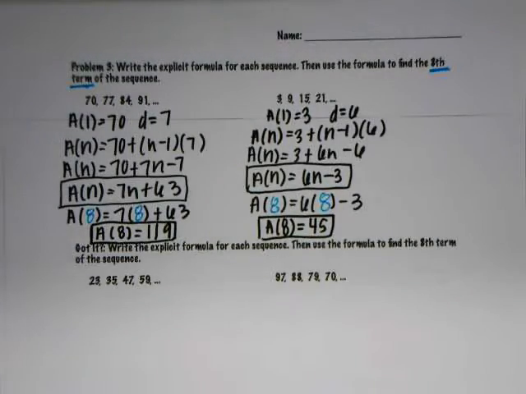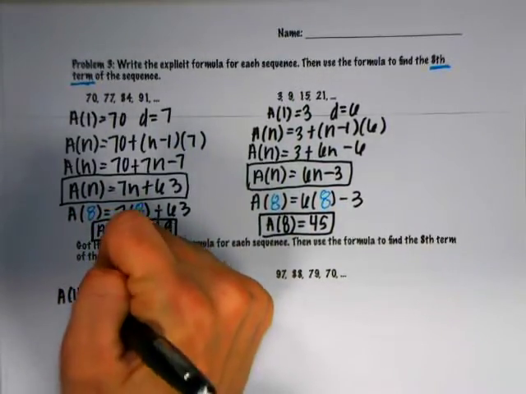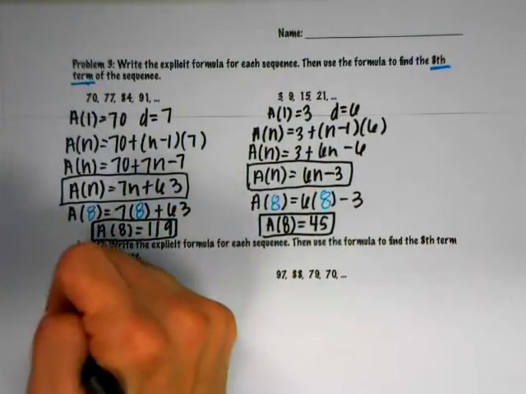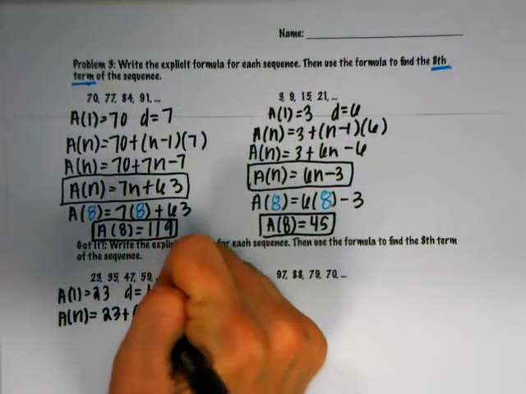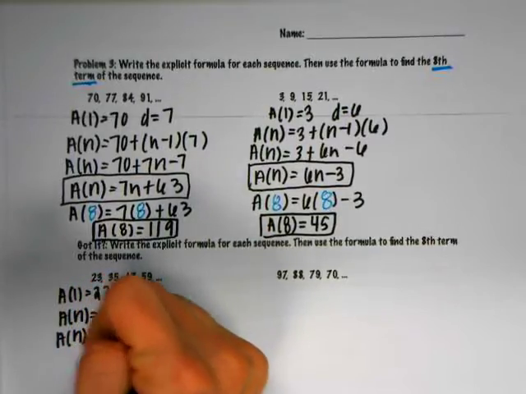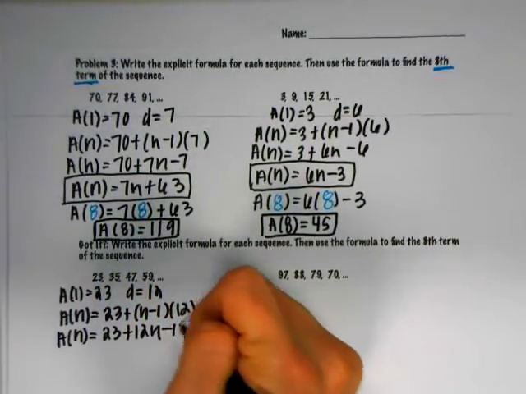Okay. For the first one, what's my first term? 23, and then what's my common difference? 12. So a of n equals 23 plus n minus 1 times 12. And then when you distribute, you get 23 plus 12n minus 12.